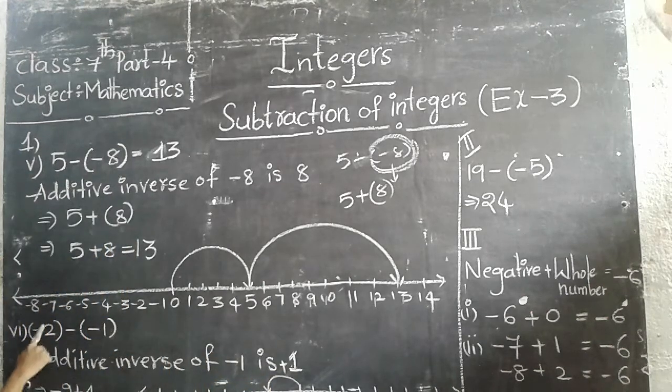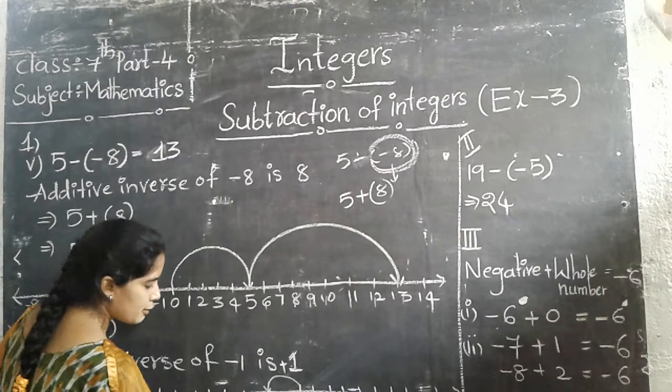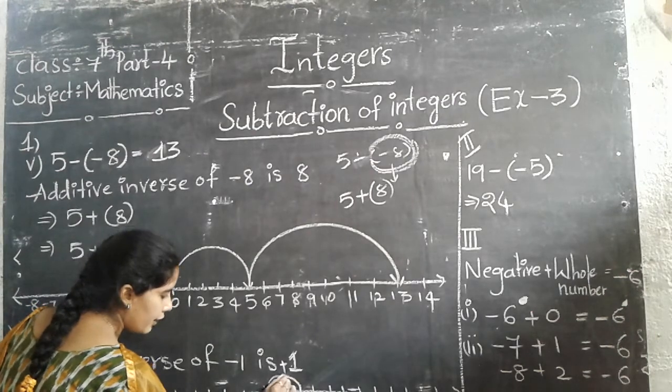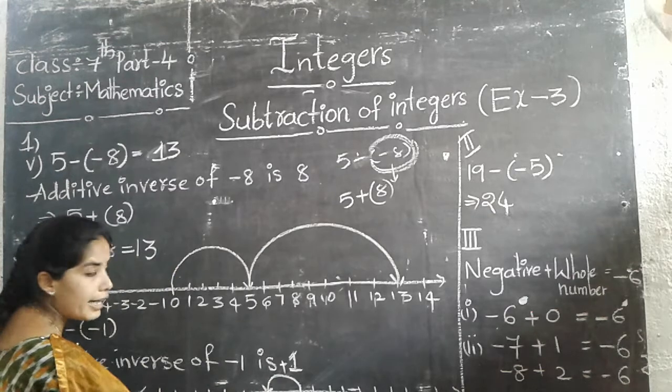So what we get? Minus 2, instead of minus we have plus, then 1. So here minus 2 plus 1. This is the old formula, we know already the addition of integers. First we have to identify minus 2 on the number line. Where is minus 2? We have to move to the left side, negative number.